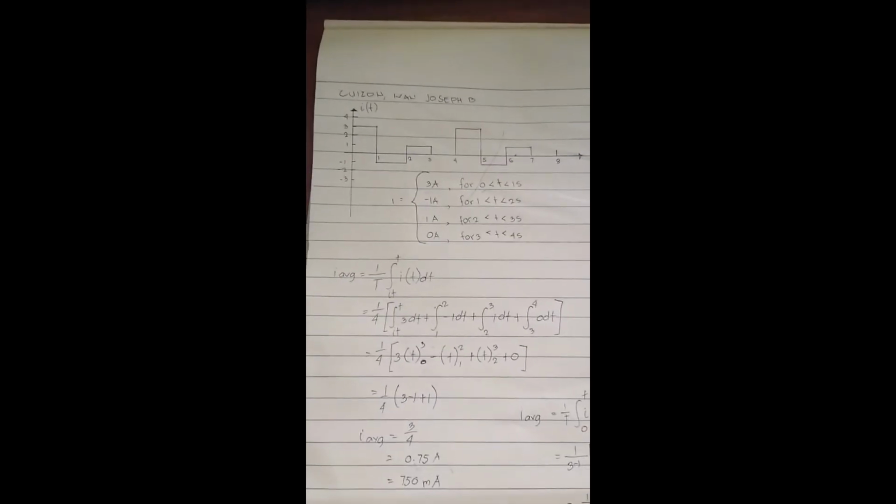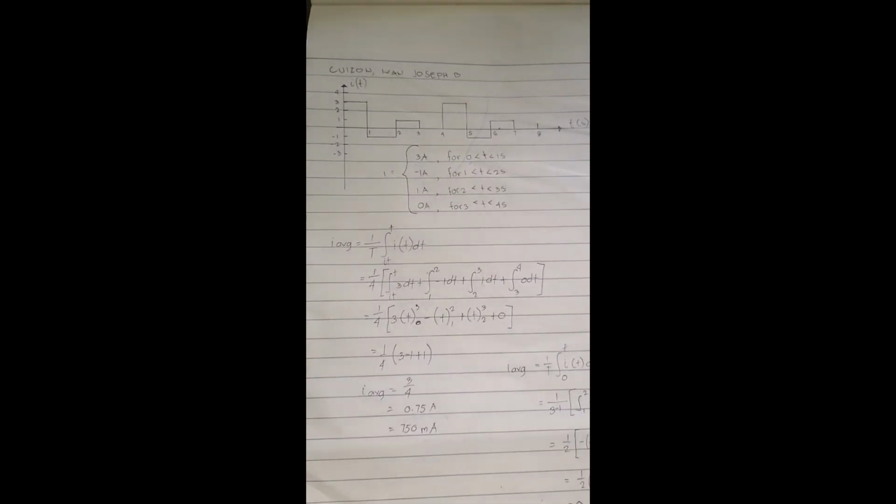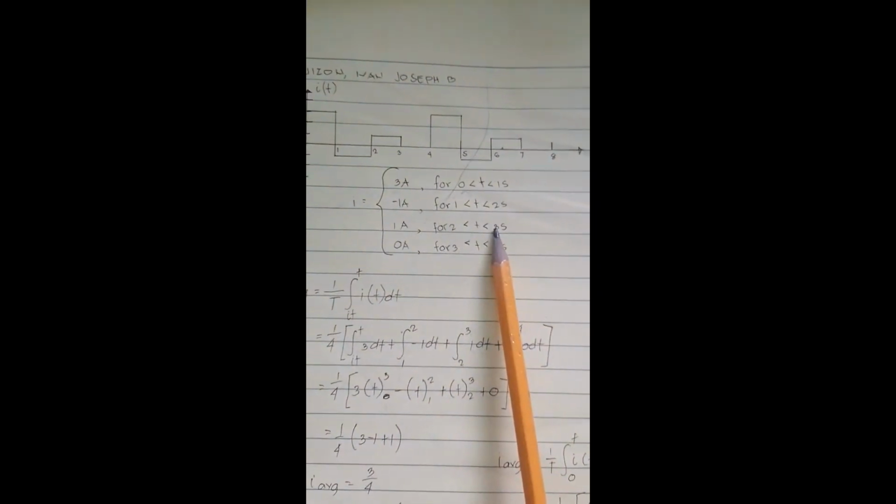So the first thing we will be performing is to calculate the average value of the current over a single period. This is a time-varying current, so this would be our mathematical equation for the current waveform.